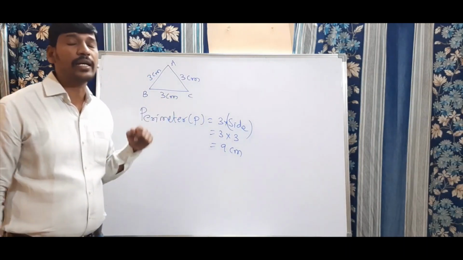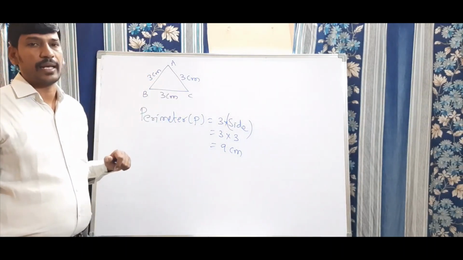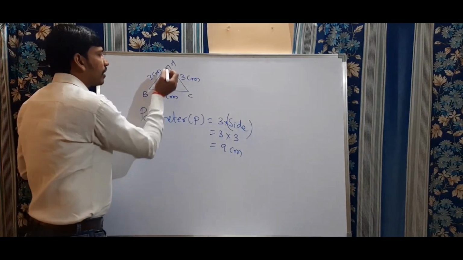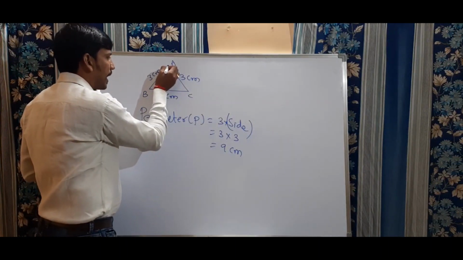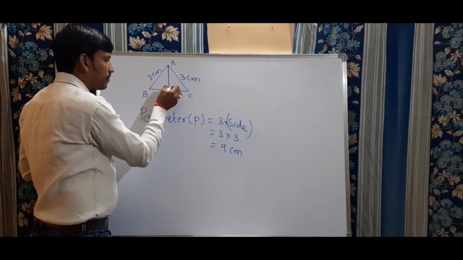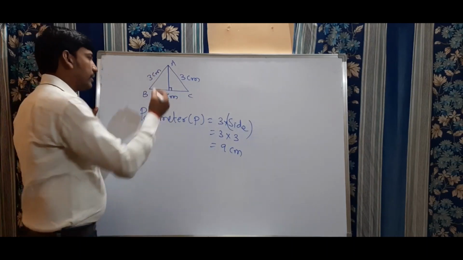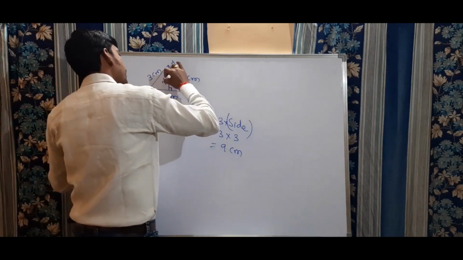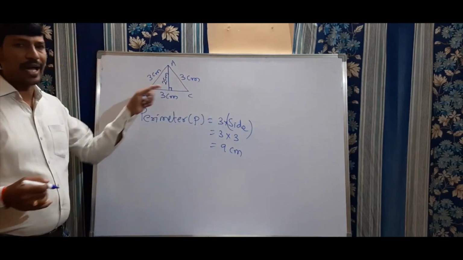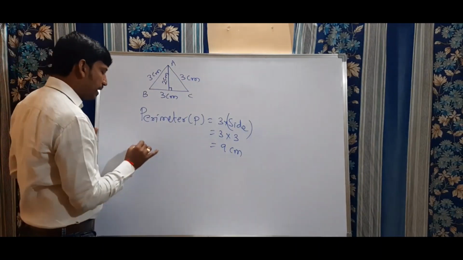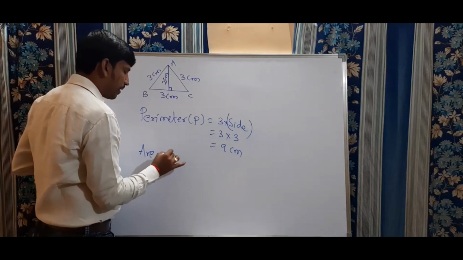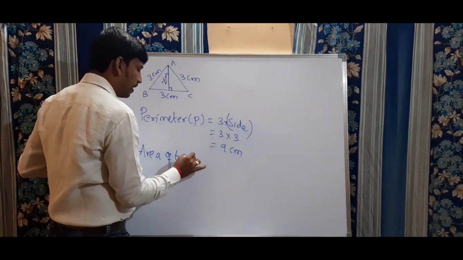Then how to find the area of this equilateral triangle? To find the area of this equilateral triangle we require the height. So now this is the height. Suppose we take the height as 2 centimeters. Then what is the area of the triangle?